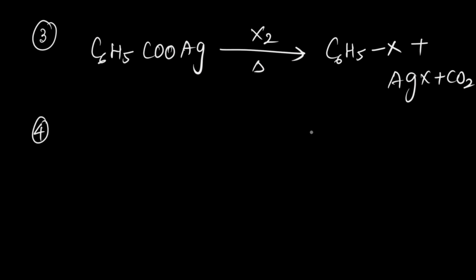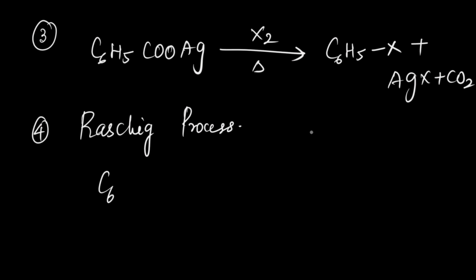And the fourth method is the Raschig process, which involves C6H6, that is benzene.